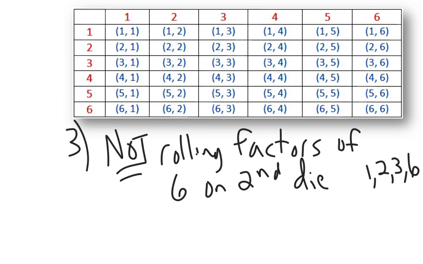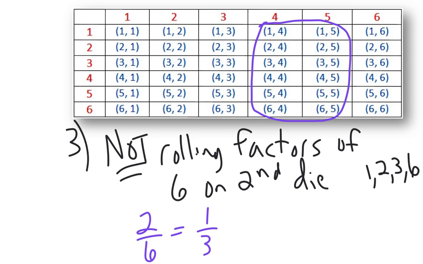So if the second die is a 4 or a 5, that would be these 2 columns, and that would be 2 out of the 6 columns, which would reduce to 1/3. Would be one way of doing that. Or you could have 12 out of 36 would also reduce to 1/3.